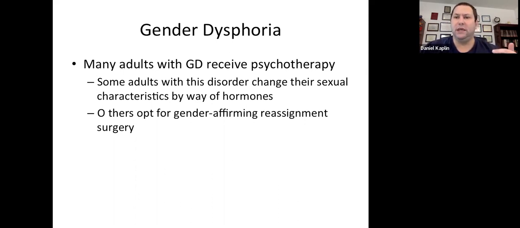It could be hormones. It could be top surgery, which is for breast, either a mastectomy or an augmentation, or it could be bottom surgery, or a combination of the two. But a person can be part of the trans community no matter whether they get top and bottom surgery or not.